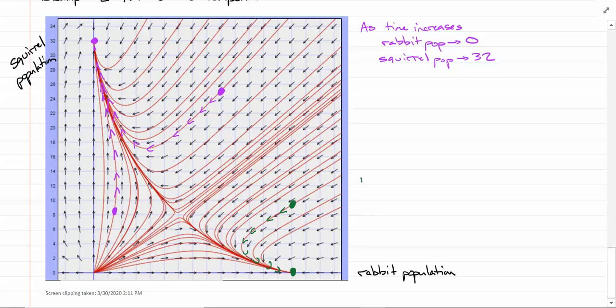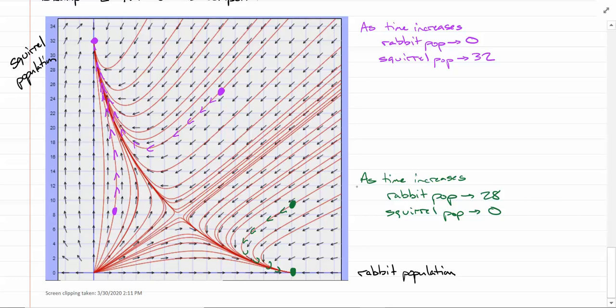So if you're on one of those green trajectories, it's a really different conclusion. As time increases, the rabbit population is approaching 28. The squirrel population is approaching 0. Okay, very, very different conclusion.